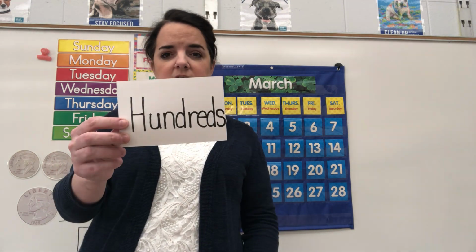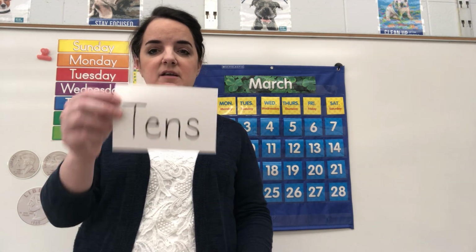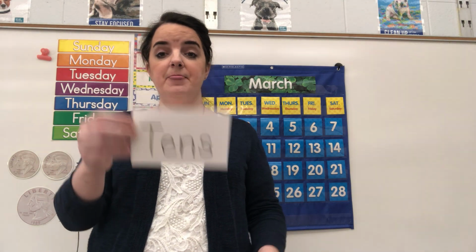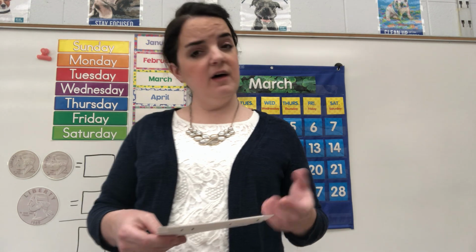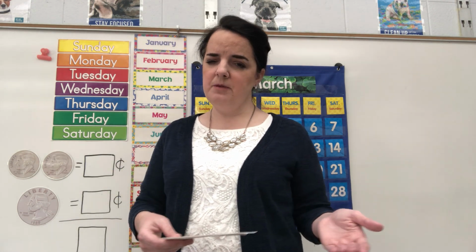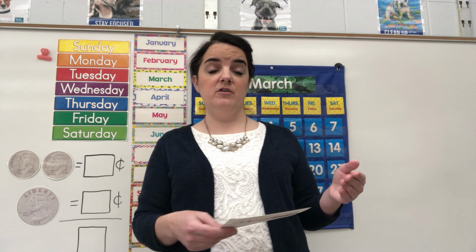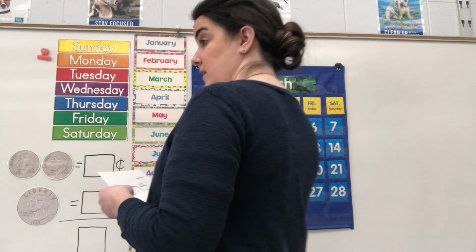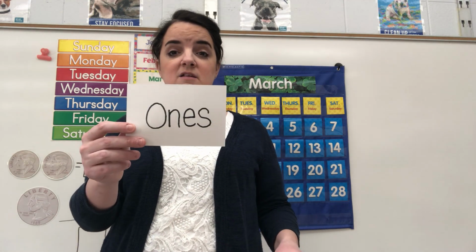So we have hundreds, we have ones, and we have tens. Now, for place value, which one comes first? The hundreds place, the ones place, or the tens place? Remember, we would start on the right side. So that would be the ones place.